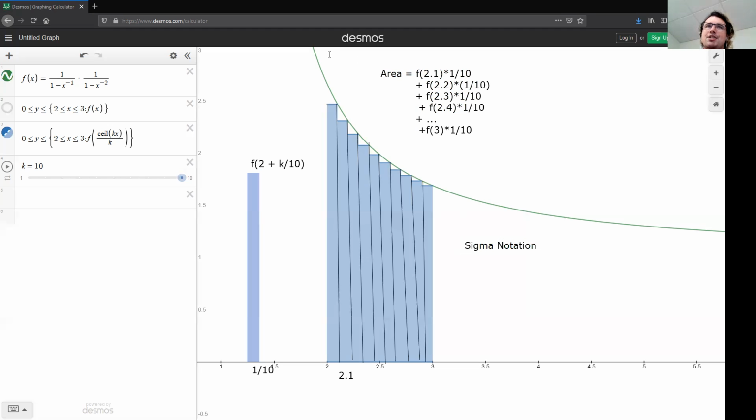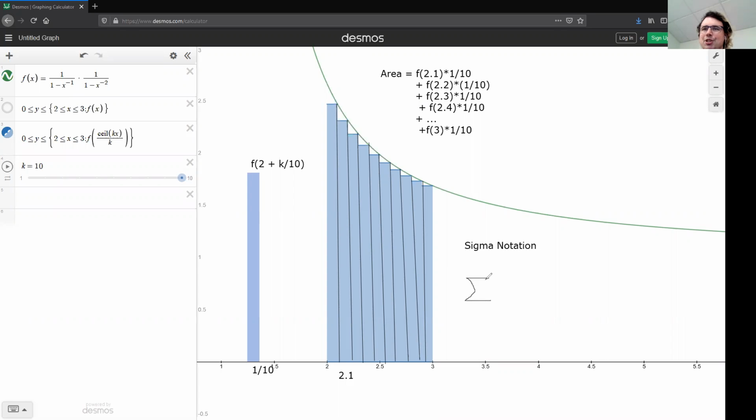Now, you may have seen this in a previous class, or maybe not. Maybe I get to be the person who introduces you to sigma notation. The idea for sigma notation is that I want to explain there is a list of numbers that I'm going to add up. And the numbers on my list follow a specific formula.